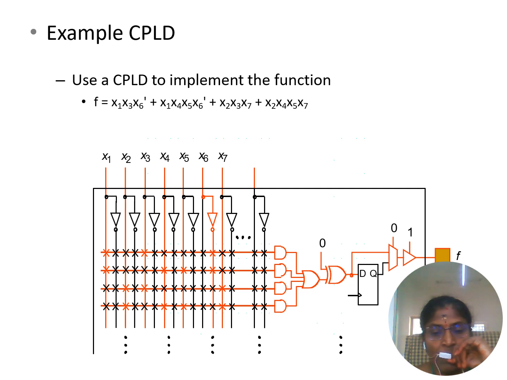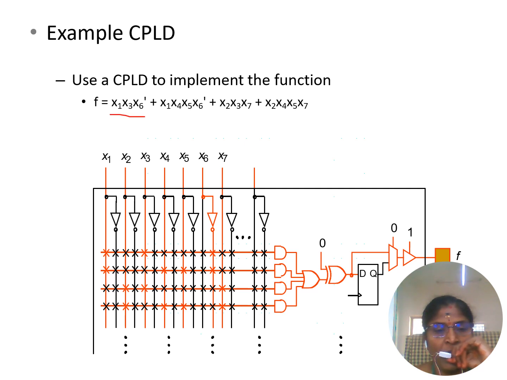Now this is the programmable AND plane. This is the fixed OR plane. This is a macro cell. Depending upon x1, the connections are given in red color. The red color shows the connections made between the input and the AND array. Totally the product terms are 1, 2, 3, 4.